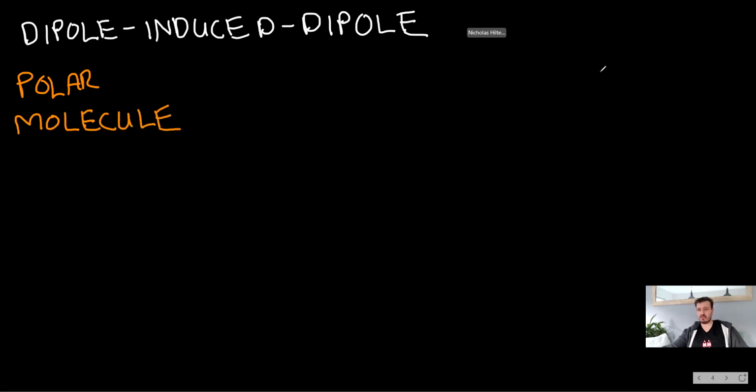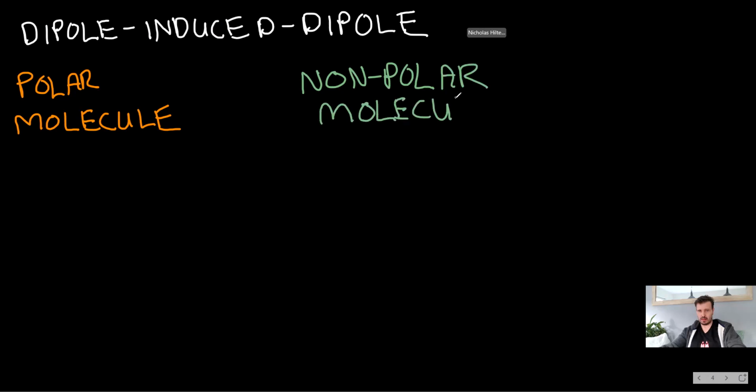And in the same way that, so this is a non-polar molecule, so we can draw that in the light green that we had before, non-polar. And so we have this bond between a polar molecule and a non-polar. And it works in much the same way.